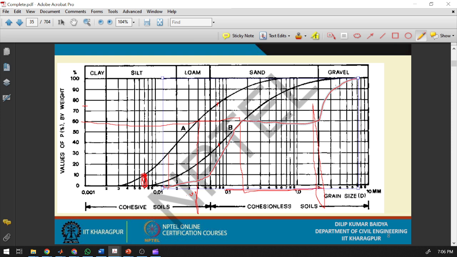The thing is that in these soils itself, you know that this is not a uniformly graded soil. And CC and CU, you are calculating to see if it is a uniformly graded soil or not, isn't it?